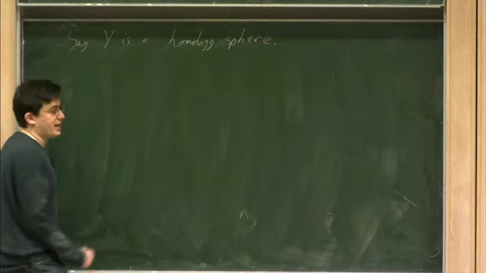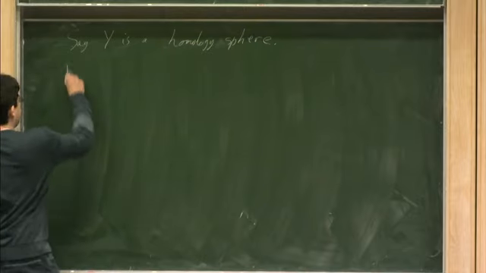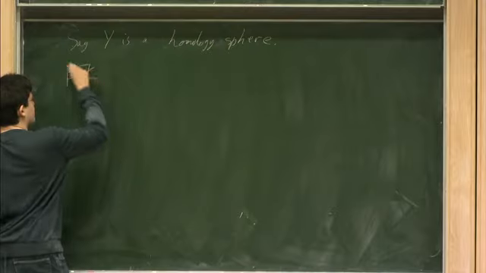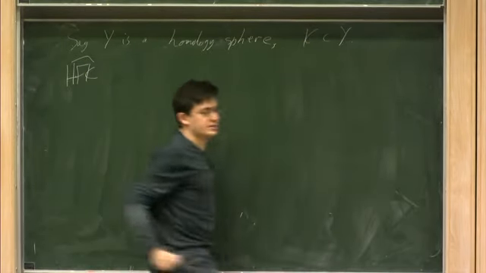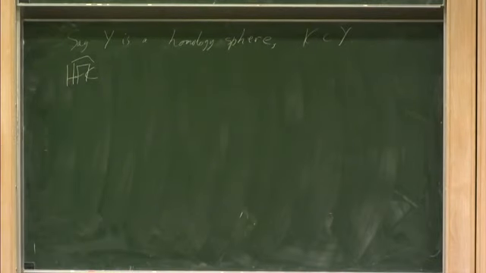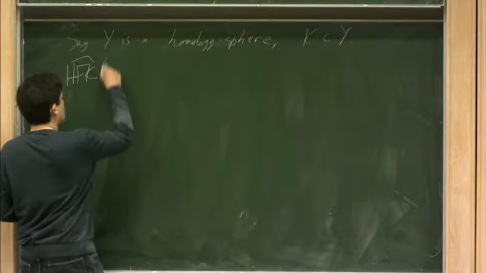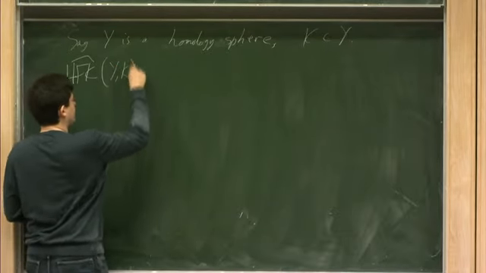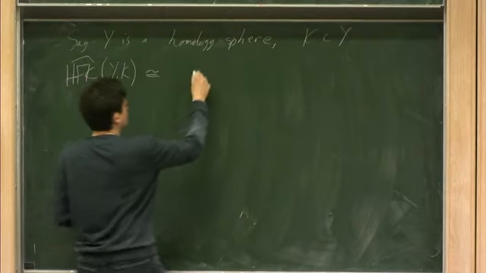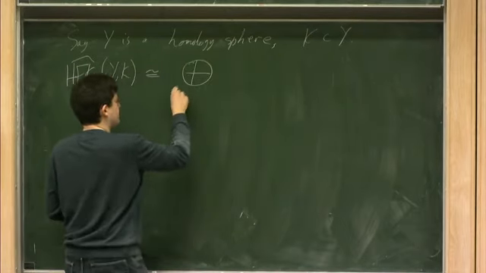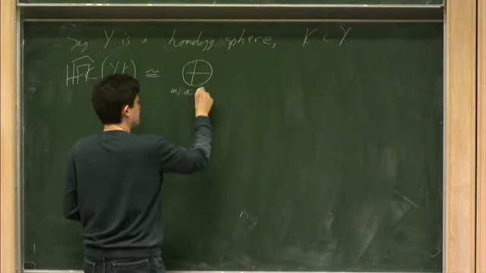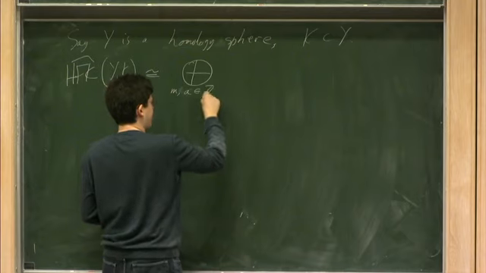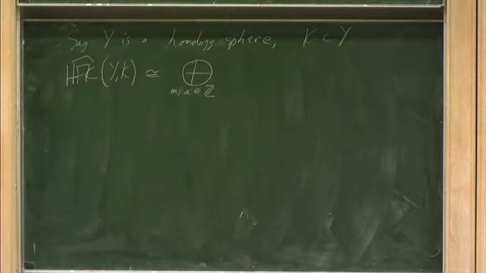Okay, so that means that we have this invariant, HFK hat, and K is contained in Y. Okay, so what are the things that I can say about HFK hat of Y K? Well, the first statement is that it has a bigrading.